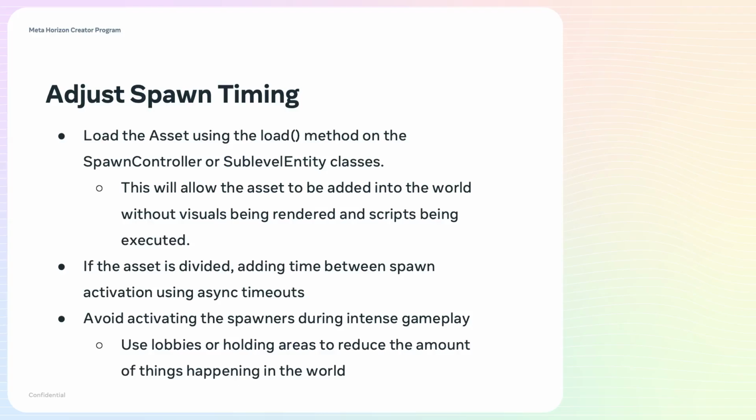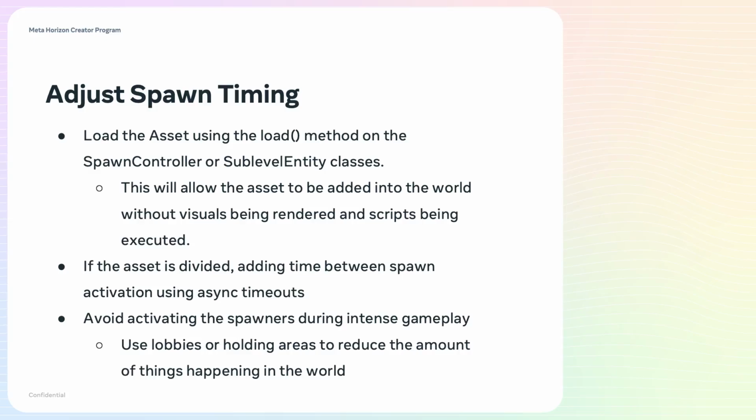So it's best to try to load the asset instead of just calling the spawn function directly on the spawn controller. That way, when you finally do spawn it, you've got as much of the asset in memory as possible, and all that remains is to show it and to run the scripts that are on it.